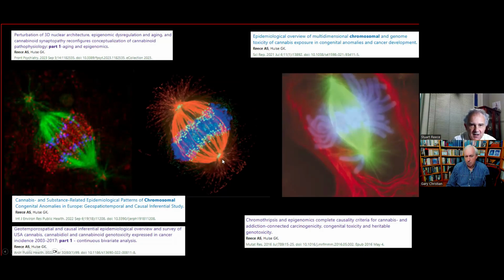And cannabis, the cannabinoids, disrupt all of the key steps. They disrupt the chromosome sticking to the microtubule, the rays of the microspindle. They disrupt the spindle itself. They disrupt the microtubules, the tubulin. They disrupt the motors that pull it, and they disrupt the centrioles. So they disrupt all steps of normal chromosomal segregation.